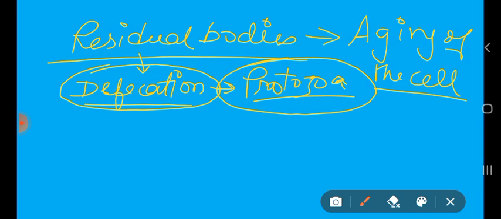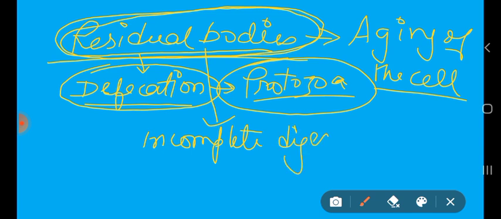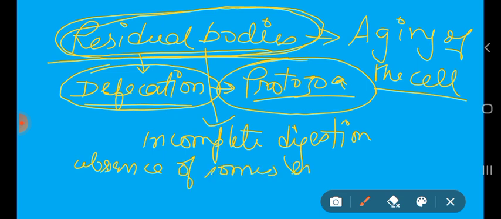So residual bodies occur as a result of incomplete digestion. Now, why does incomplete digestion occur? Simply due to the absence of some enzymes found within the lysosomes.